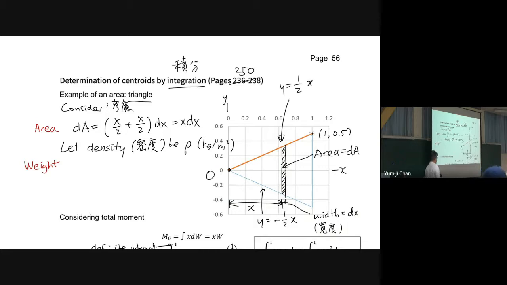If we know the area and the density per unit area, which is kg per m square, we will know dW is equal to rho g x dx, right?